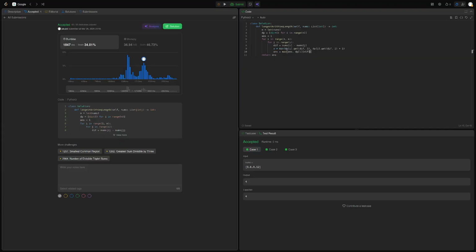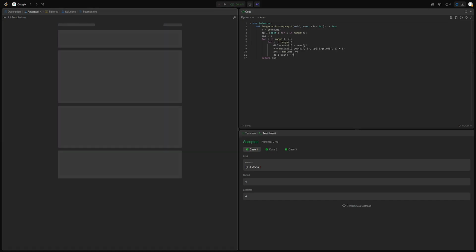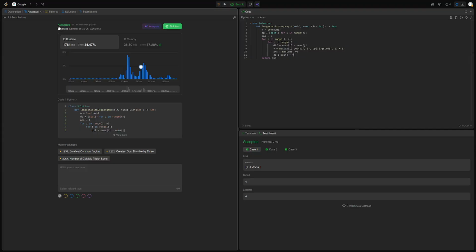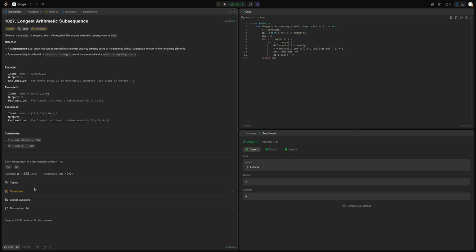Maybe we can save a dictionary access with this. Let's see. Just a little bit. I mean, it's not the fastest by any means. I guess that's probably not optimal.